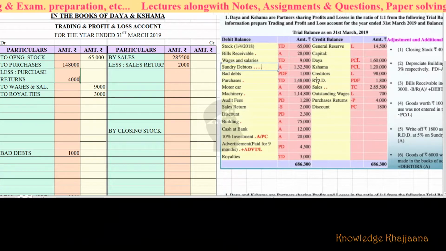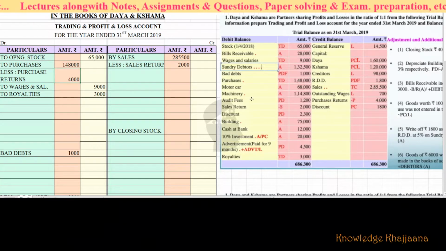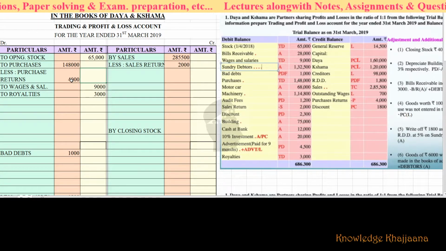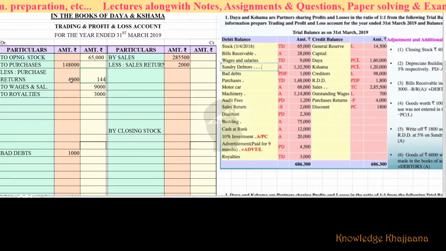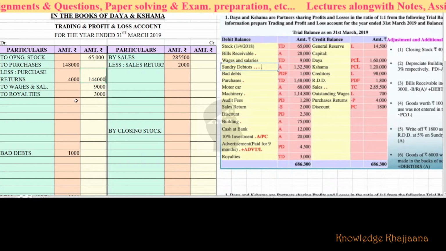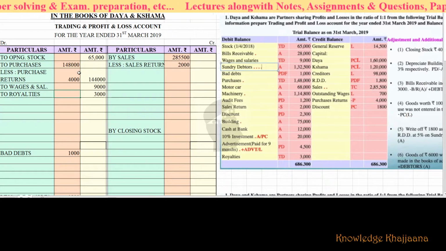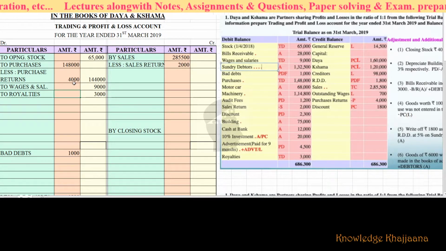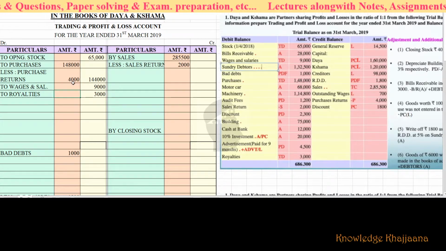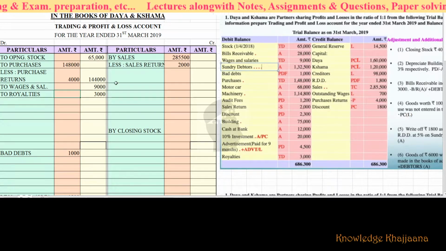It will become 1,44,000. Develop the habit of calculating these things, especially which are in the inner column, otherwise you may end up forgetting them. 1,48,000 minus 4,000 is equal to 1,44,000.